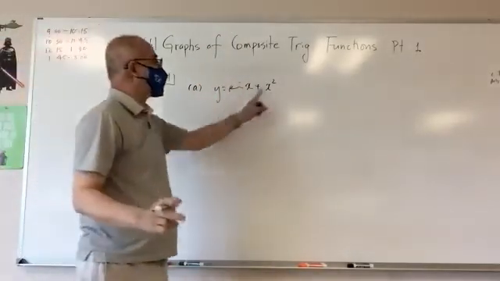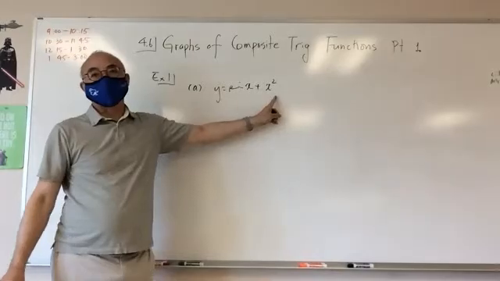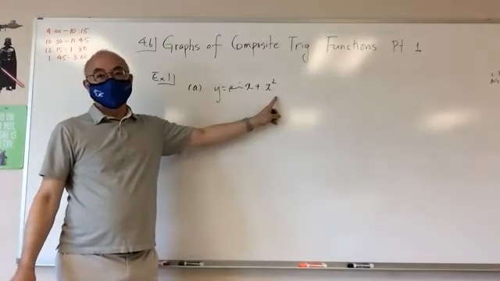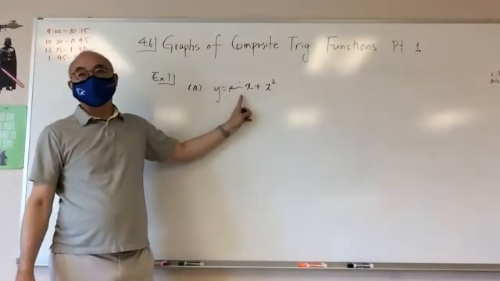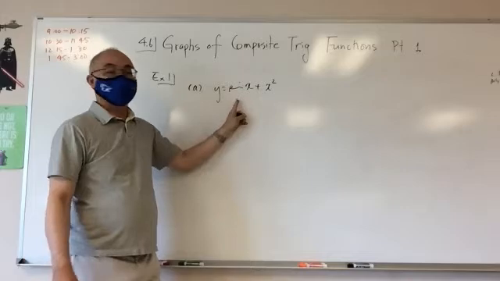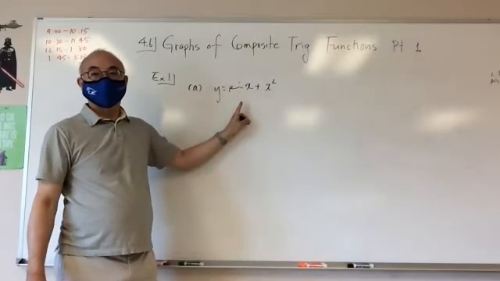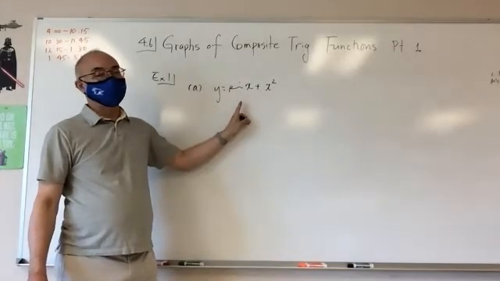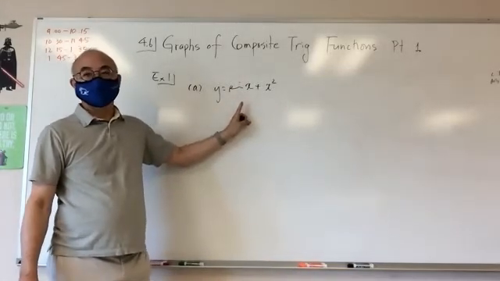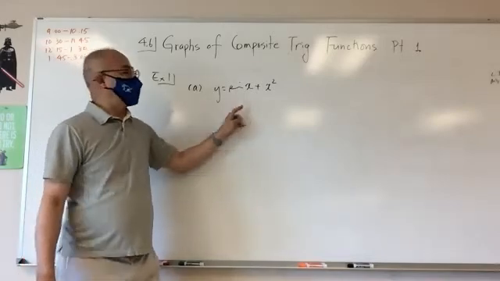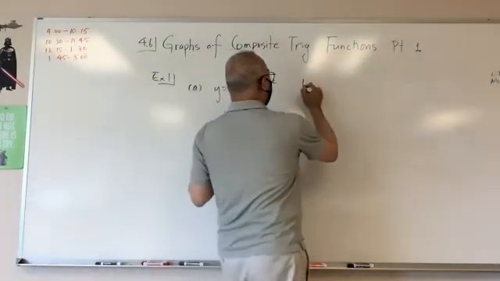This guy is really going to dominate this function, and the sine is just a little ripple effect. Okay, is it periodic? No, it's not periodic. Does it repeat itself? Not really, right? So it's not periodic.